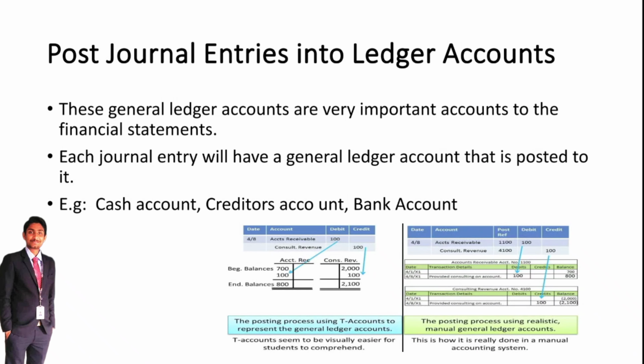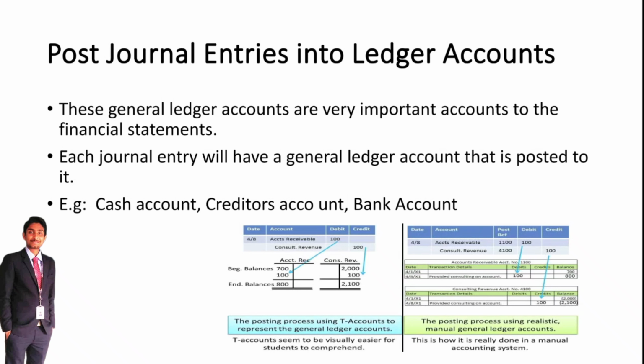After that, we post the journal entries into ledger accounts. After preparation of journal entries, we need to post those entries in the ledger accounts. These general ledger accounts are very important for the financial statements. Each journal entry is posted to ledger accounts.